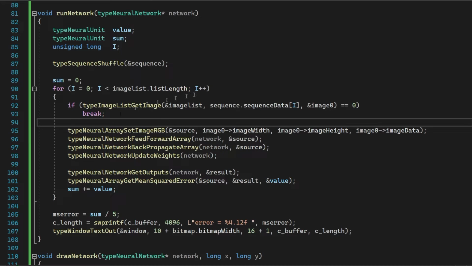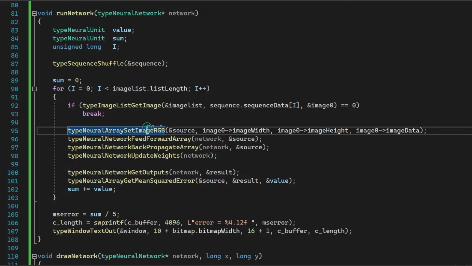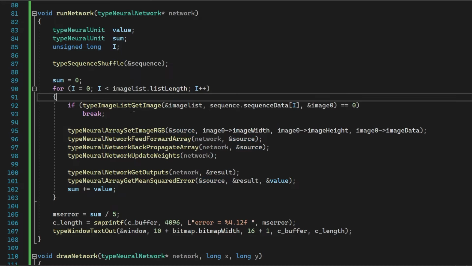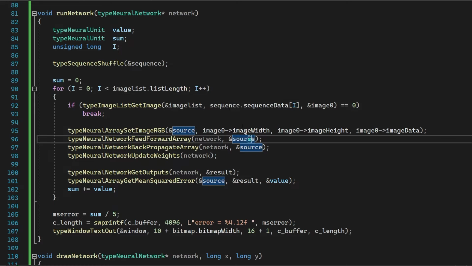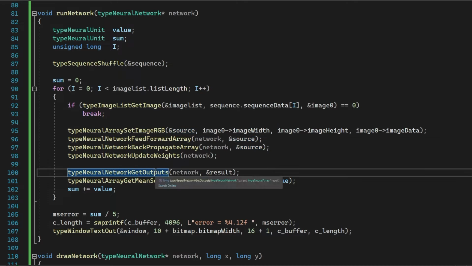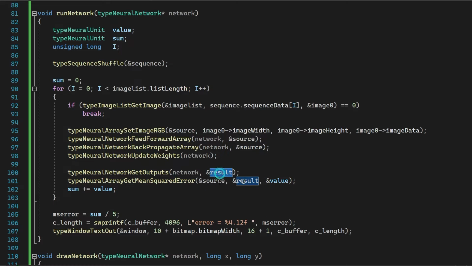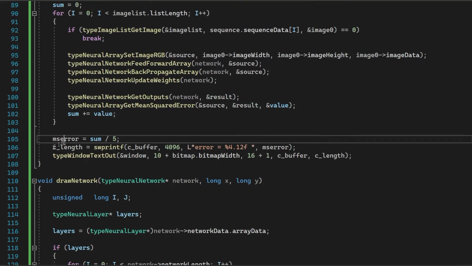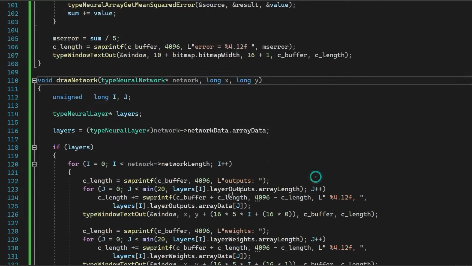Also, I have to change this function right here, because copying the image into the neural layer's array every single time is just way too slow. Right now it doesn't matter because I'm not really doing anything much, so I just do it one by one, and then calculate the mean squared error by getting the output result and comparing with the source, and then print out the error. Okay, that's pretty much it.